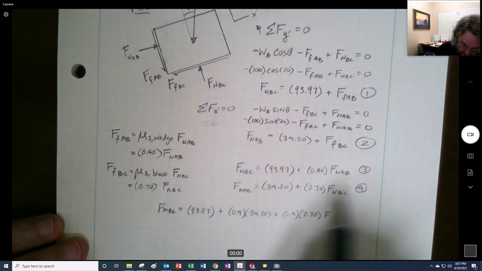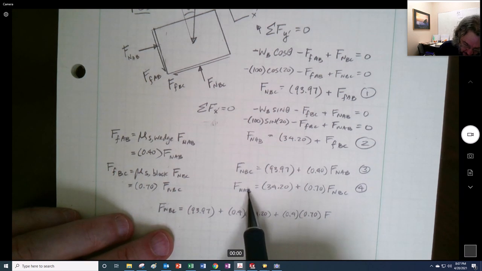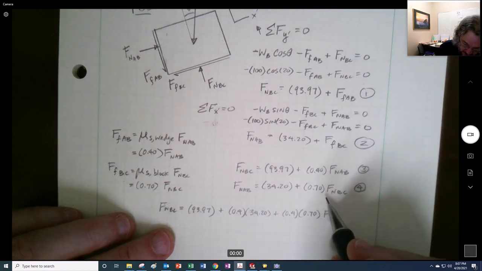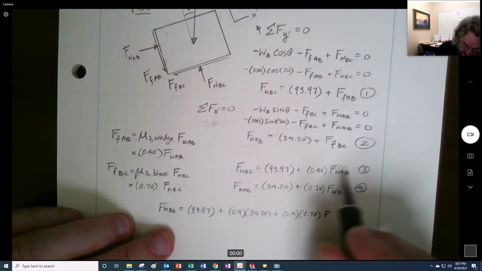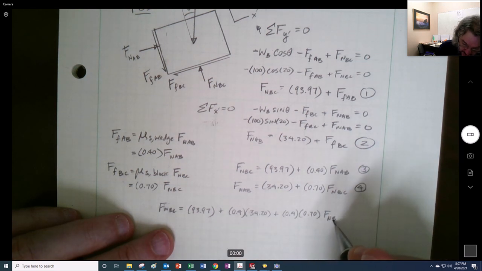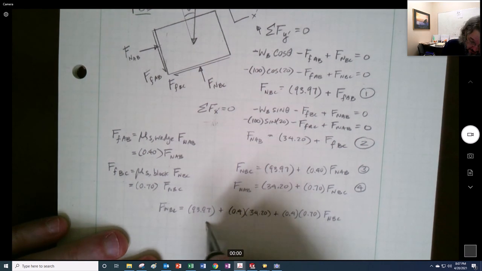That's what I did right here. And then now I am plugging this into there. Once I put this in there, that should be FNBC. So now I should be able to get FNBC.